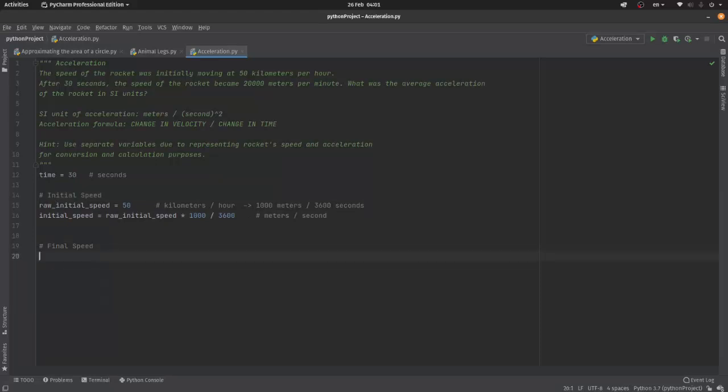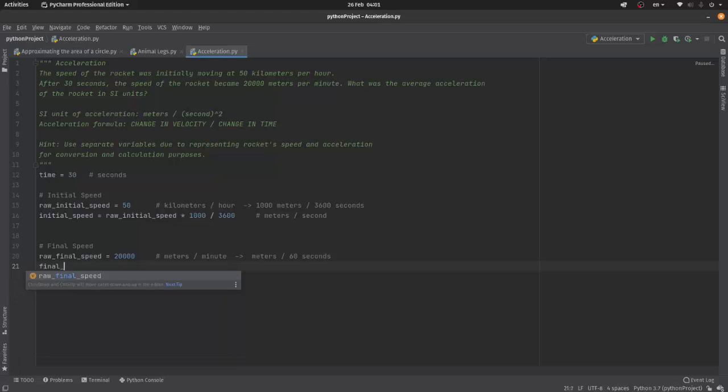The raw final speed is equal to 20,000 meters per minute, which is meters divided by 60 seconds.